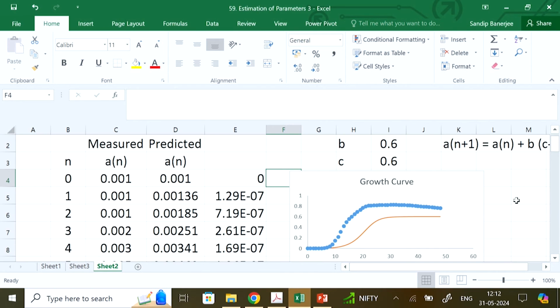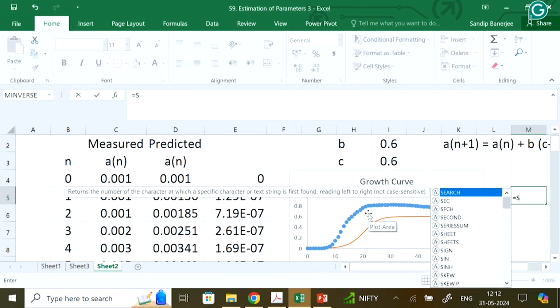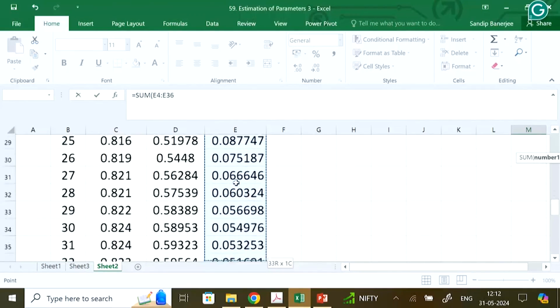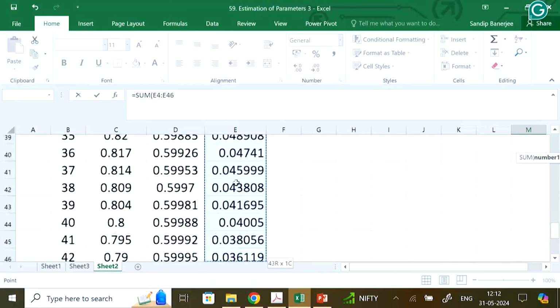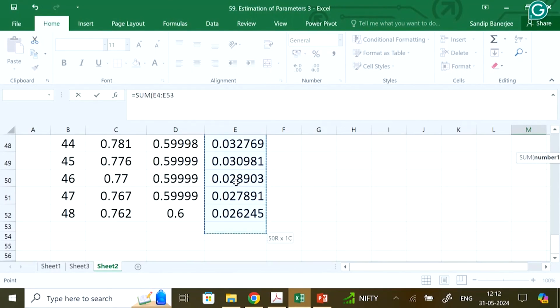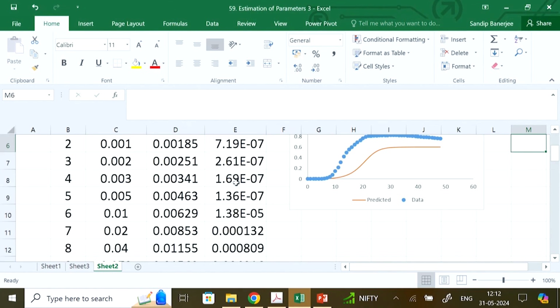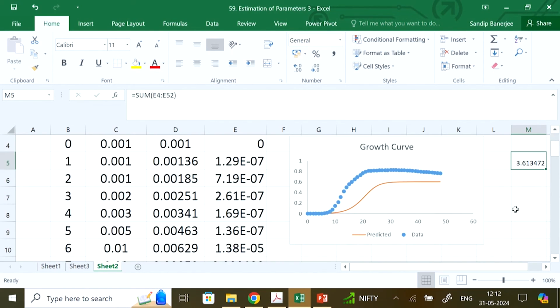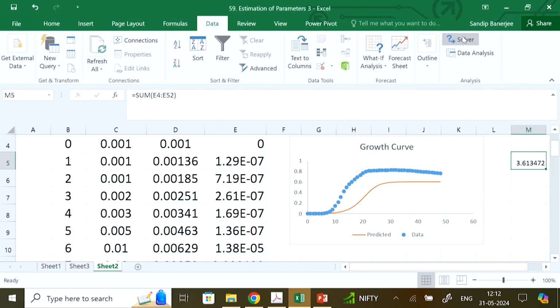So this is equal to the sum of the squares. Now this is the data, this is the predicted value. I have to estimate, so I will use Solver.